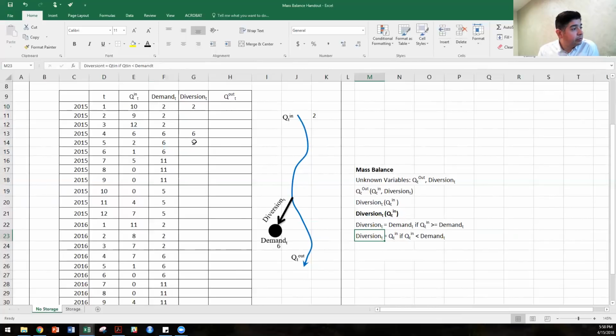The diversion will be equal to Q in when the Q in is less than the demand. So this is how we can calculate it manually. If the Q in is greater than the demand, then you extract that much. If this is less than this, then we can only extract the water that is coming in.